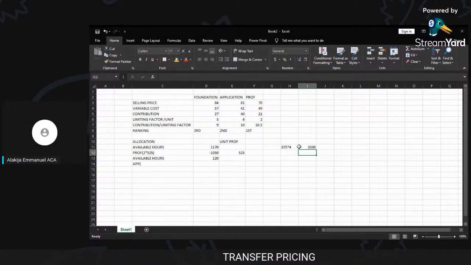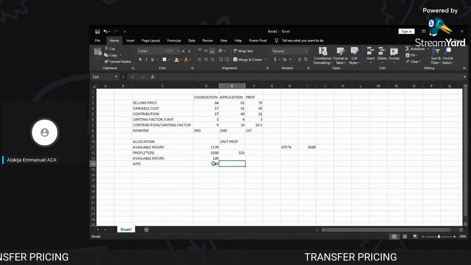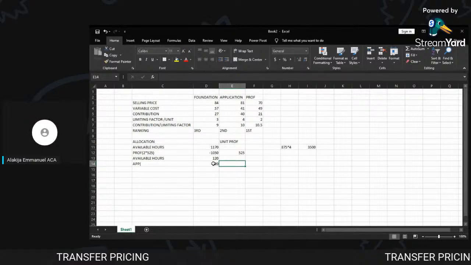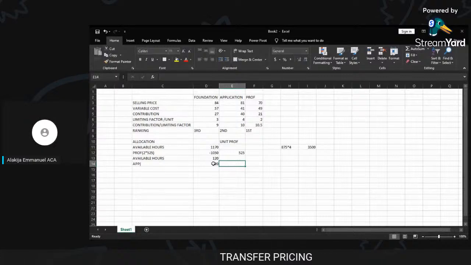So what do we do? Like we've been doing earlier, we'll take all the 120 left. But now the question is, how many units can it produce with 120? Application needs 4 hours to produce 1 unit.